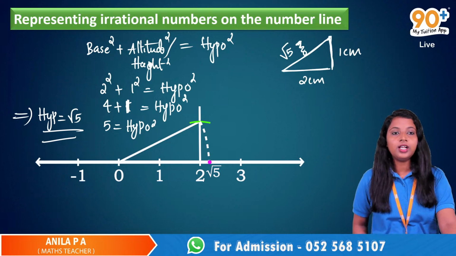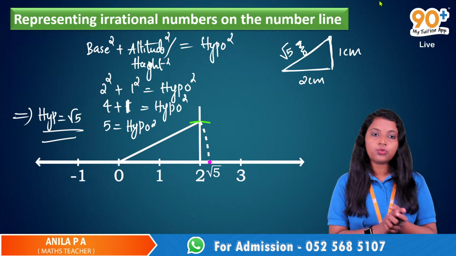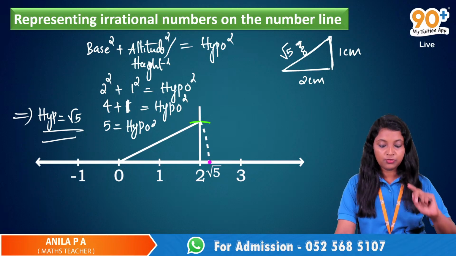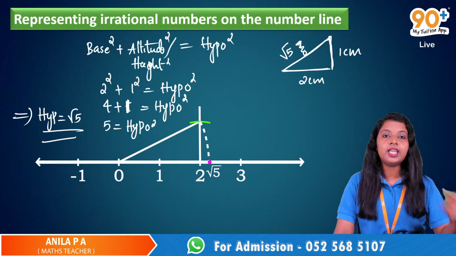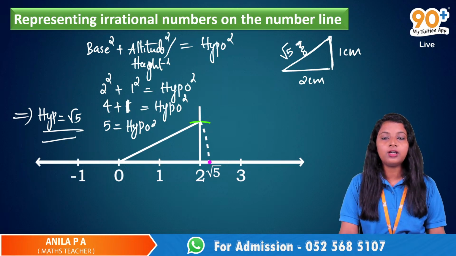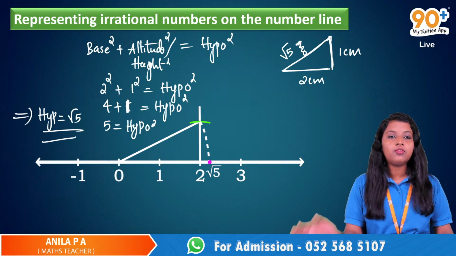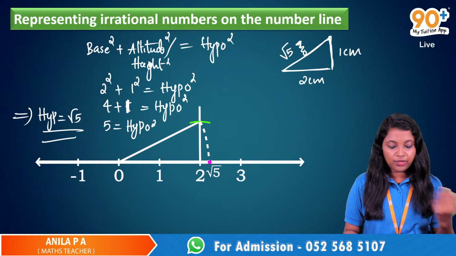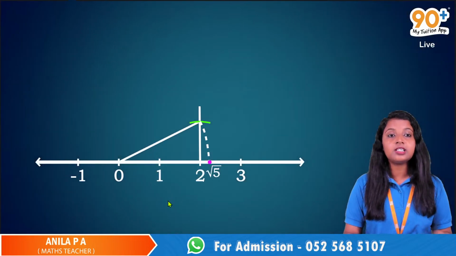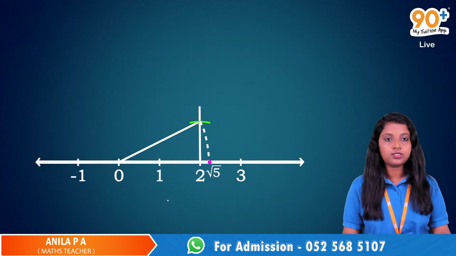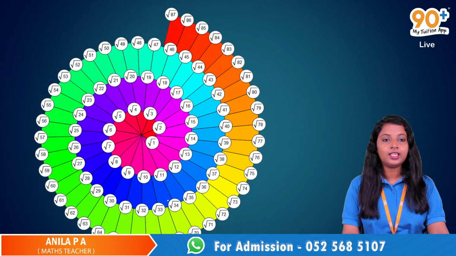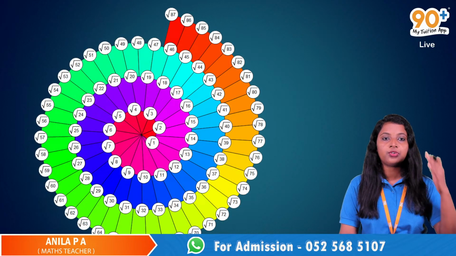Okay, so here you can use this to draw root 5. If we continue this method, first of all we draw root 2, then from that point we take root 3 and draw another line, and then we draw root 5. If we continue like that, we will get a square root spiral like this: root 1, root 2, root 3, root 4, root 5.